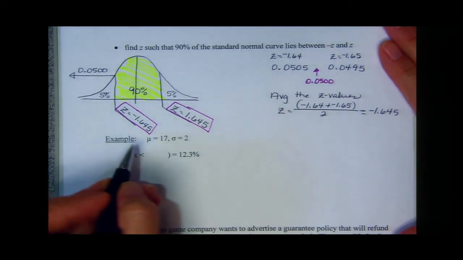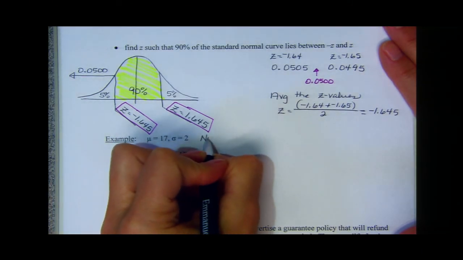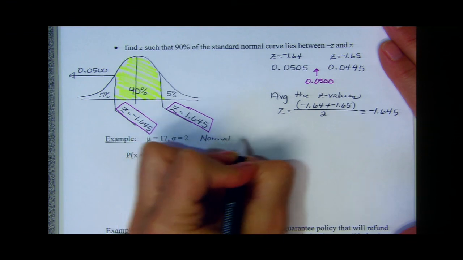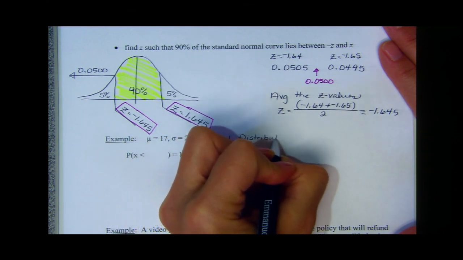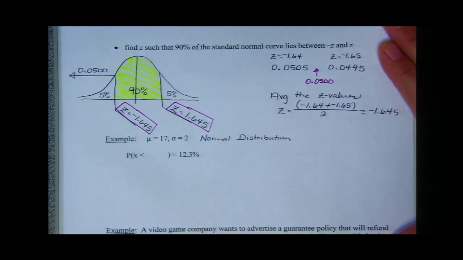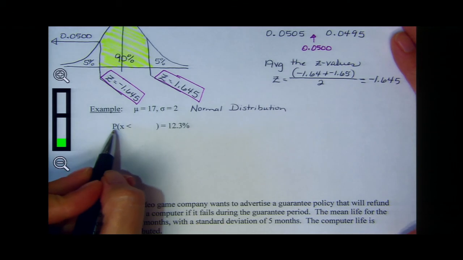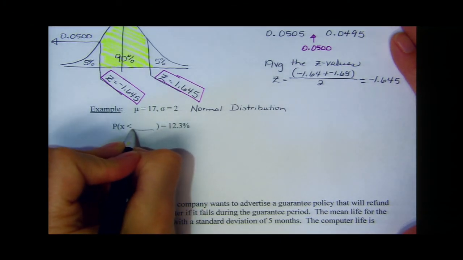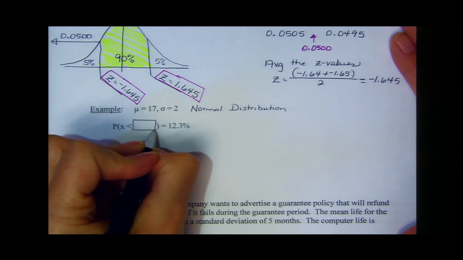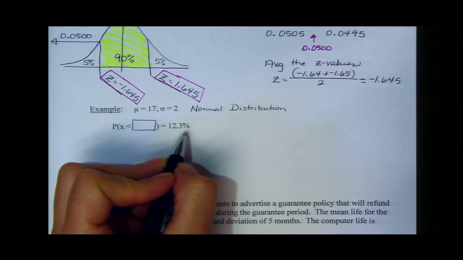So we're given mu, we're given sigma, we're assuming normal distribution. And this reads, what is the probability that x is less than some number such that it equals 12.3%?